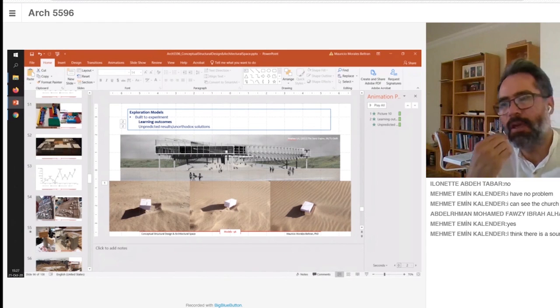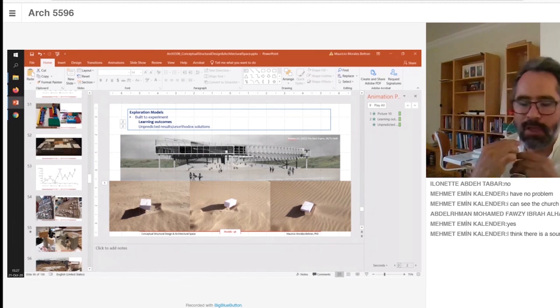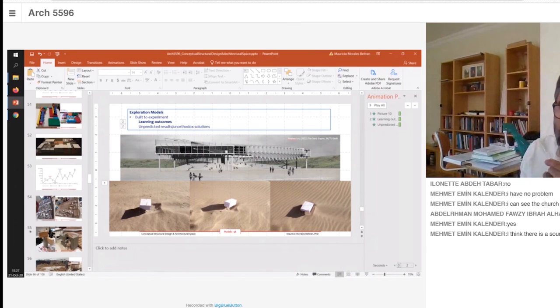I don't think it will work if we only go around design issues. But if you want to introduce any technical knowledge, not only structures, let's say energy performance of buildings, or building systems, or any subject that is quite technical in itself, I think it will provide a good framework to do so.